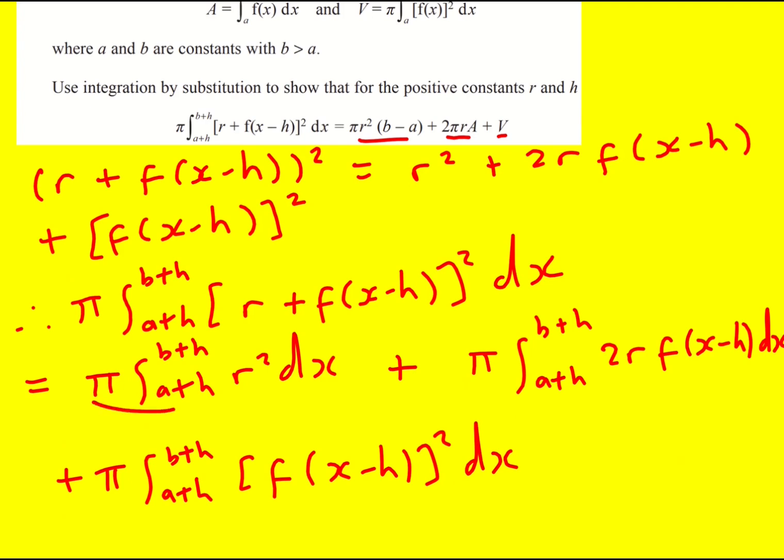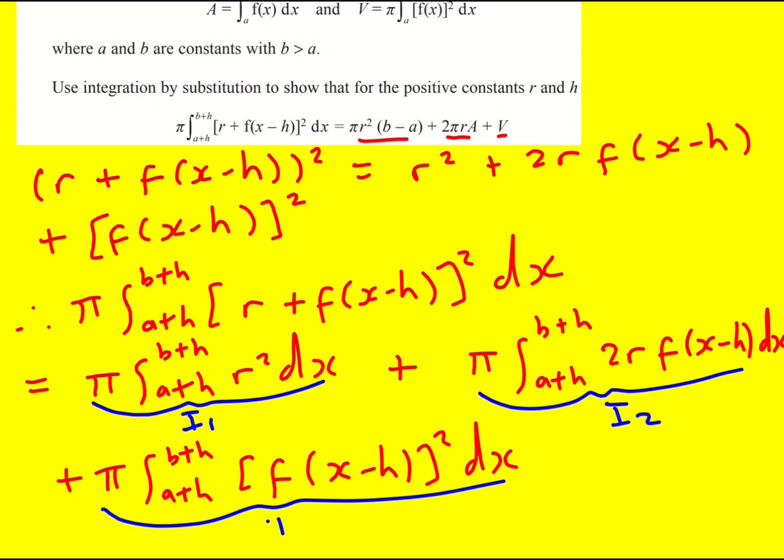Okay, I'm going to deal with these separately. So this can be I1, this can be I2, and this can be I3.